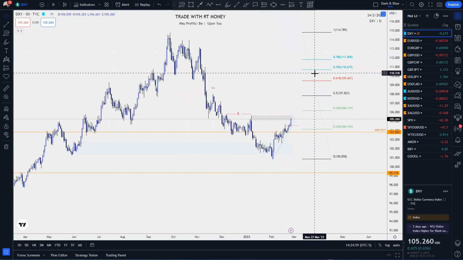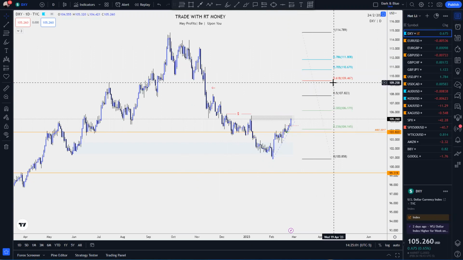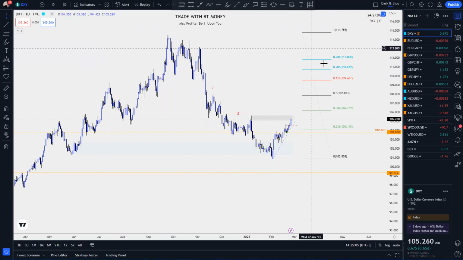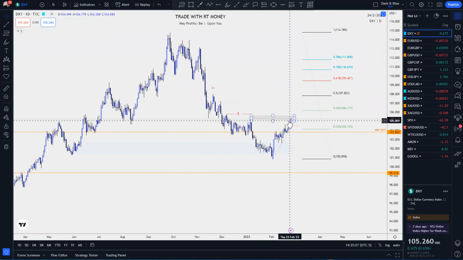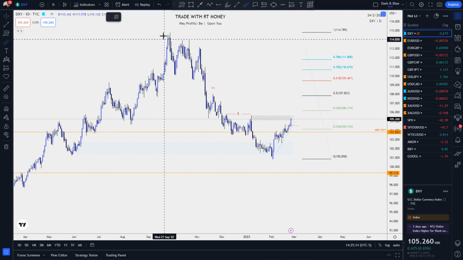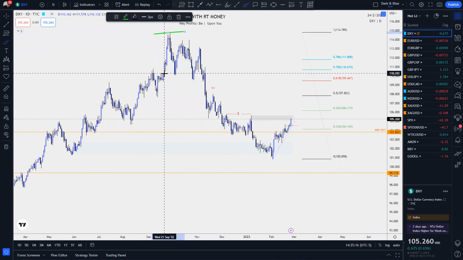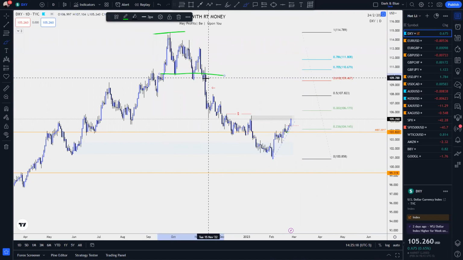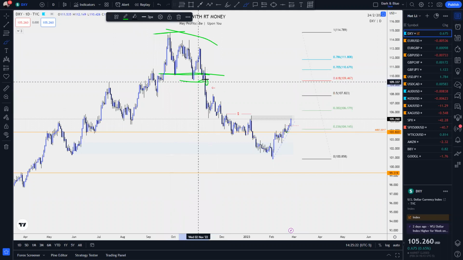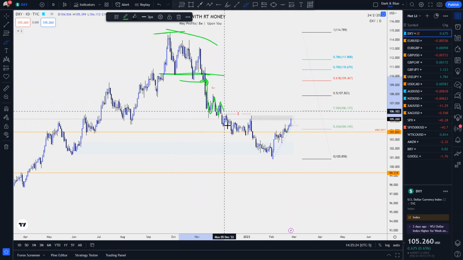Let's start with the Dixie, because everything moves around the Dixie. Isn't that correct? The US dollar against a basket of other currencies. What we can see is that it turned bearish around here. This was the high. Then we had this lovely break of structure, so price just started to fall.